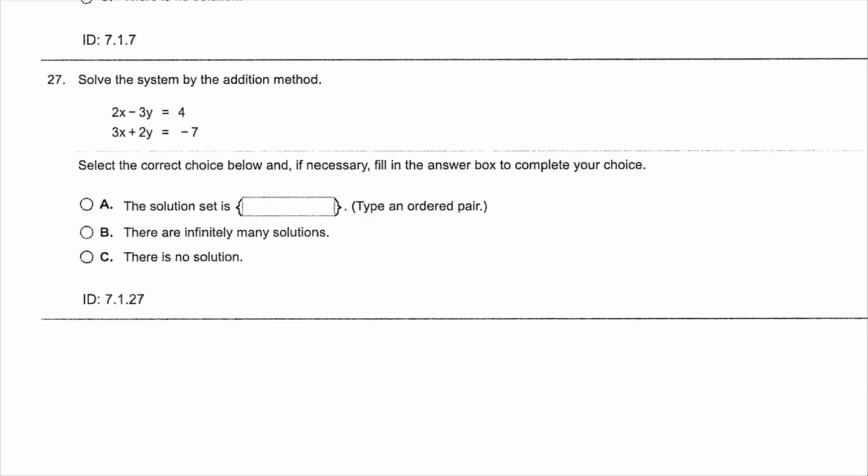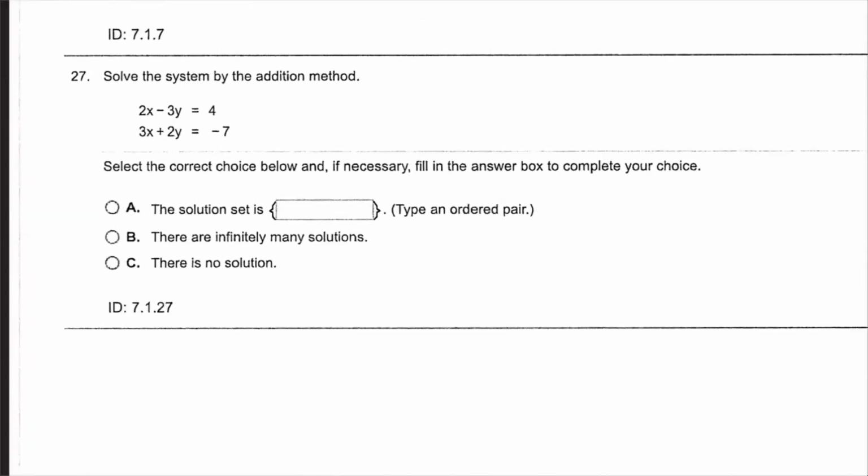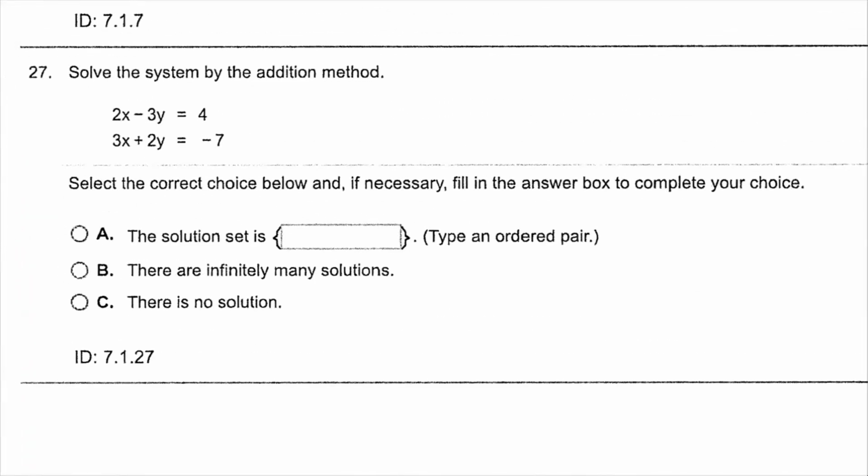And looking at the negative 3y and the positive 2y, they're not opposites of each other, but they are opposite signs. So I would personally choose to try to eliminate the y values, because I am looking at a negative 3y and a positive 2y and thinking I could multiply the first equation by something to get a negative 6y.